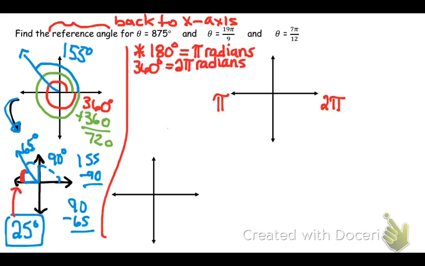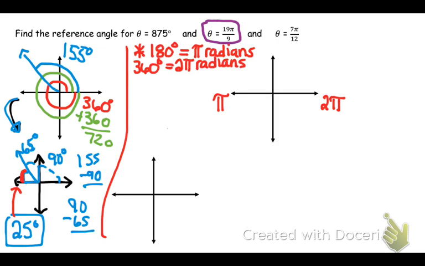All right, so remember our reference angle, you should put this in your notes, gets us back to the x-axis. Now we're going to look at radians. Okay, so it's important to remember that 180 degrees is equal to pi radians and 360 degrees is equal to 2 pi radians, and I labeled that on this coordinate plane.